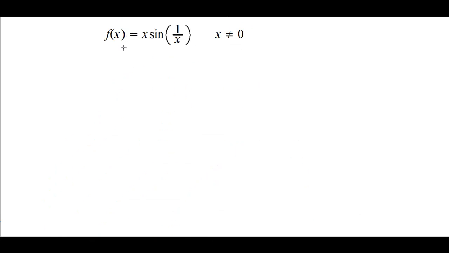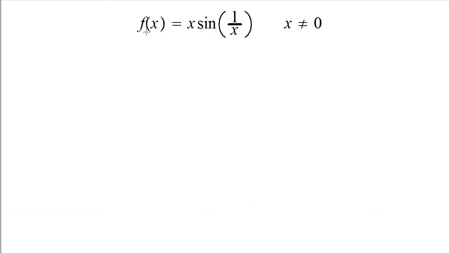So now let's consider a different function, which is defined by x times sine of 1 over x. Here our x is different from 0, and of course it's not defined at 0, and it is defined everywhere else along the real line.